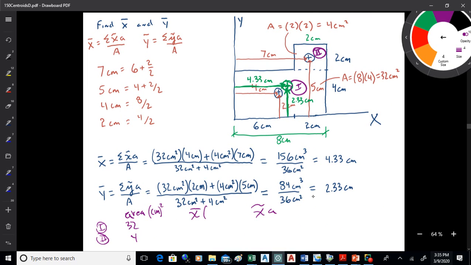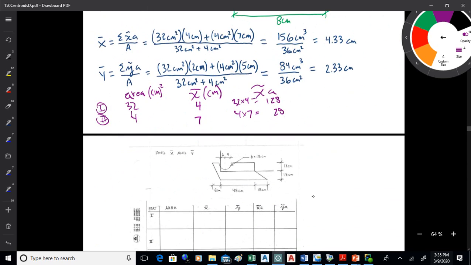Then I would put the x bar in another column. For x bar, that would be 4 and 7. And then I would multiply everything together. So 32 times 4 would be 128. 4 times 7 would be 28.